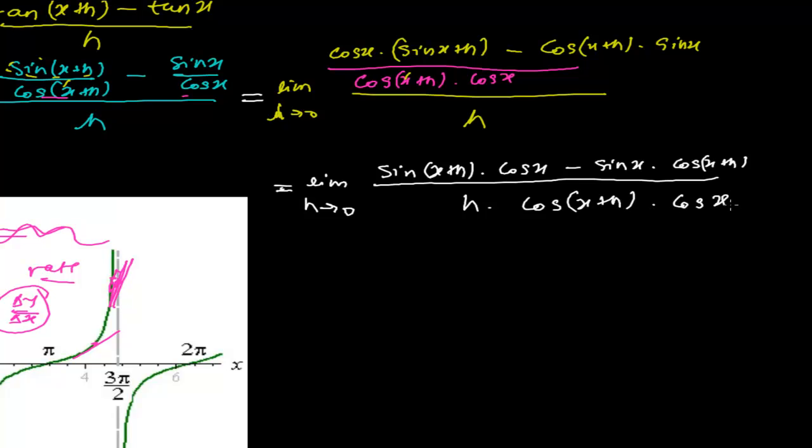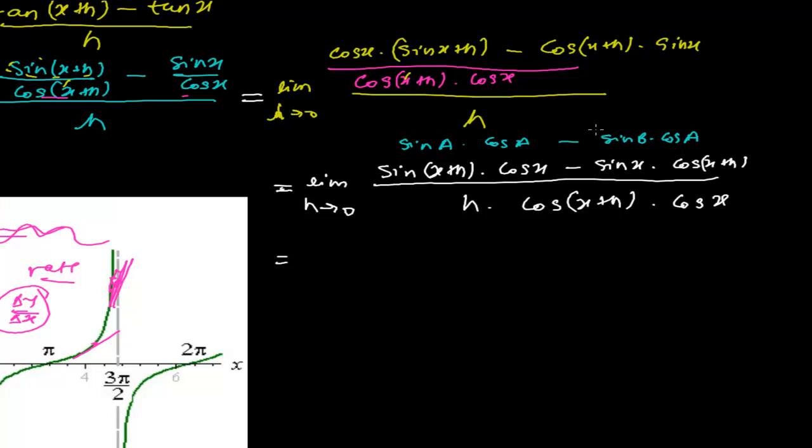Now what to do further? Look at this properly, my friend. Just look properly, you'll see something there, right? Sin(x+h) times cos x minus sin x times cos(x+h). Don't you see, it's looking just like sin a times cos b minus sin b times cos a.